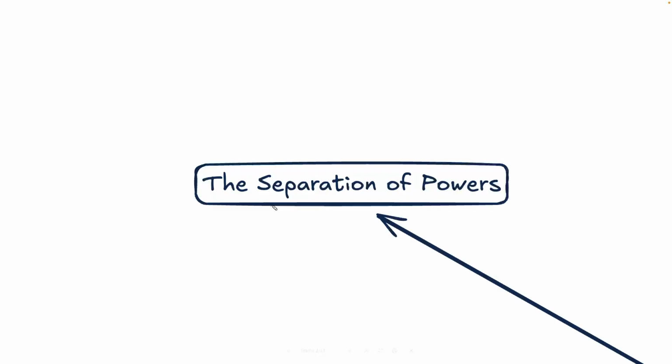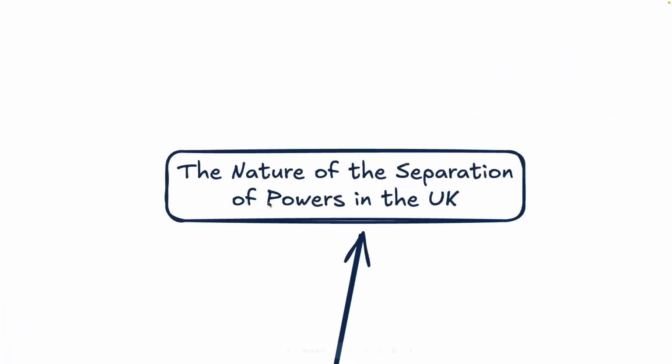Now, in the United Kingdom, we have a slightly different process on the separation of powers. While we do have some kind of jurisdictional and formal separation of powers that is enshrined in our constitutional framework, we have a very limited separation of powers when we compare ourselves to other institutions.